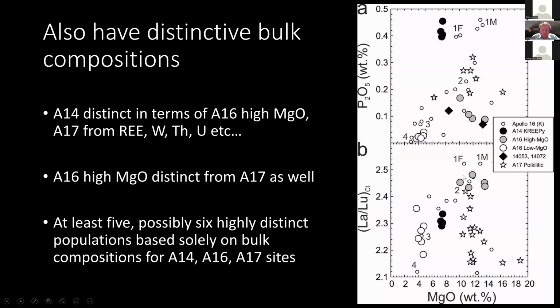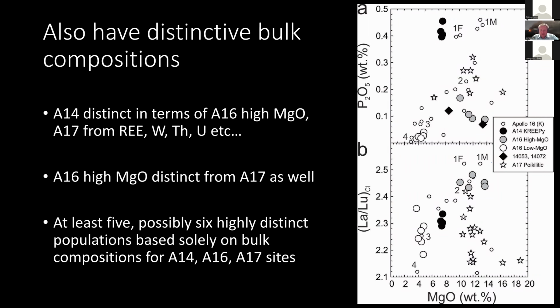You can do this for a whole range of trace elements. You can do it for lanthanum and lutetium. You can do it for a variety of things. And you can see these clusters of data. In a nutshell, at least 5 or possibly 6 highly distinct populations exist in the data that we have so far. There could be more.